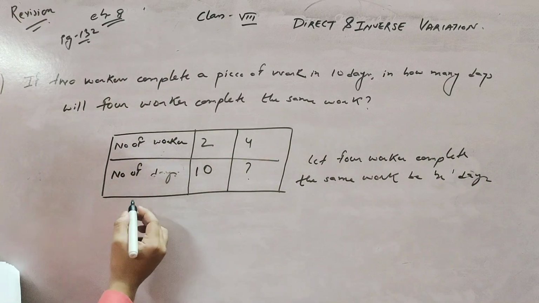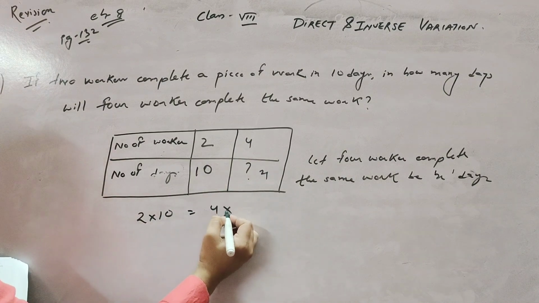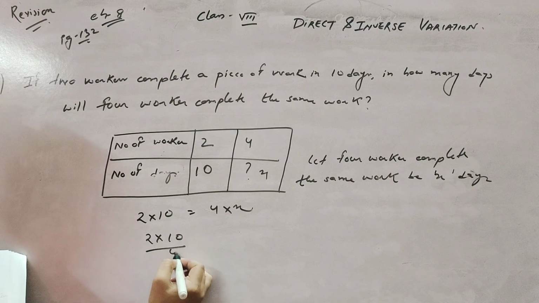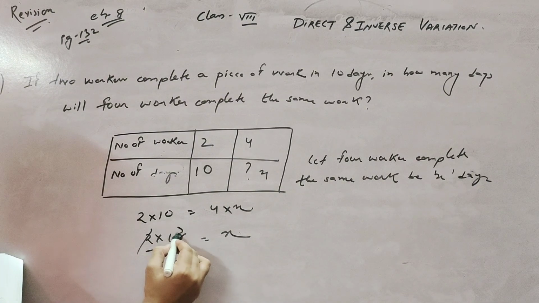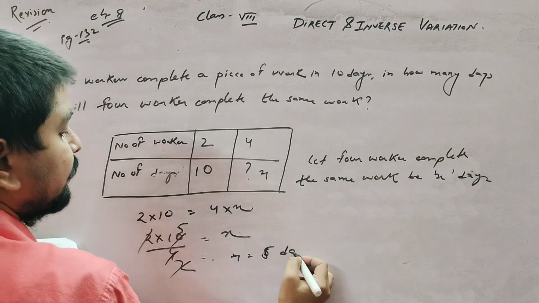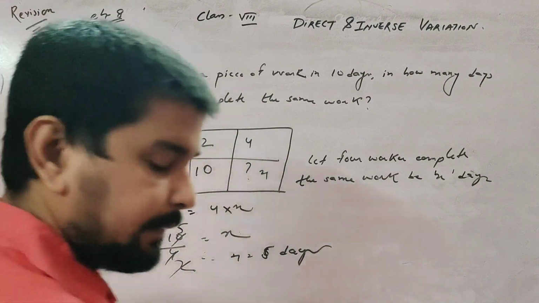This is inverse, so 2 into 10 equals 4 into x, so 2 into 10 by 4 equals x. Cutting 2 twos and 2 fives, therefore x equals 5. So 5 days are required for 4 workers to complete the work. Okay, note.